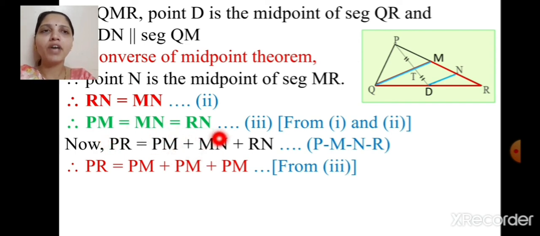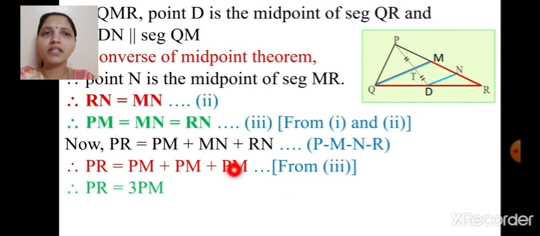So instead of MN and RN you can write here PM. So you will get here PM plus PM plus PM from equation 3. So therefore PR is equal to 3 PM. Therefore PM upon PR is equal to 1 upon 3. So I hope you all have understood this answer.